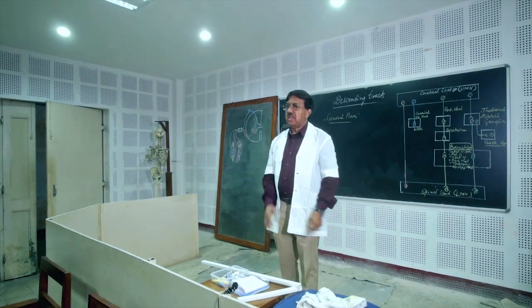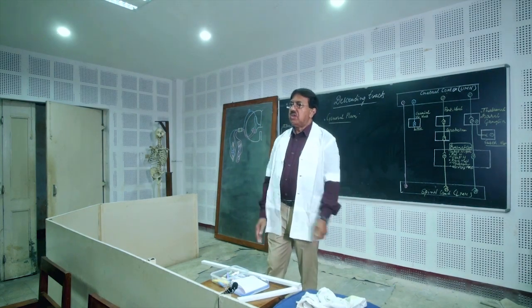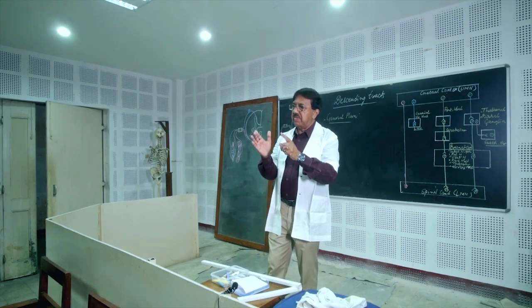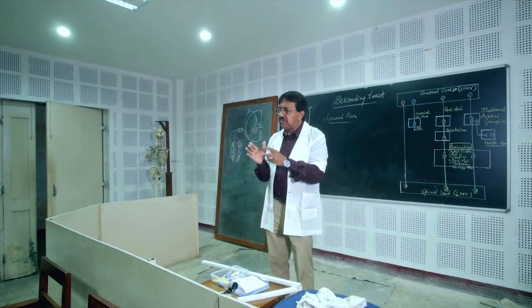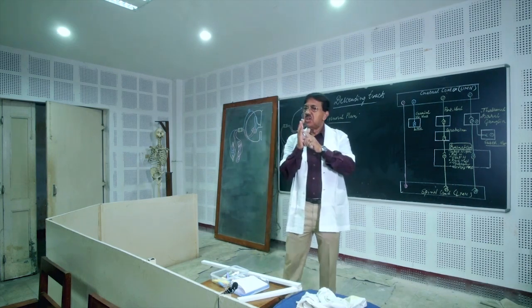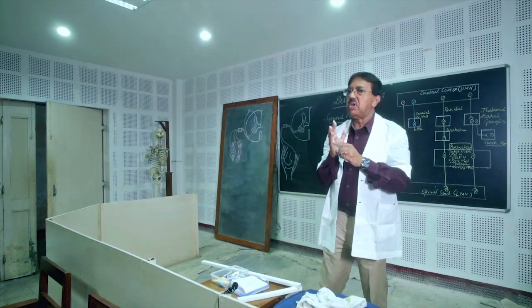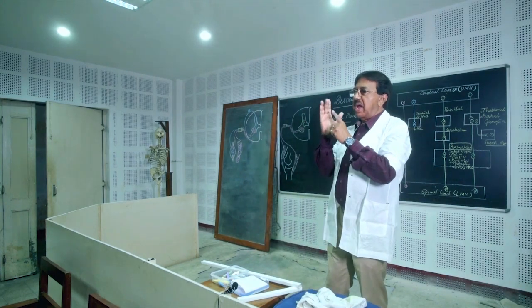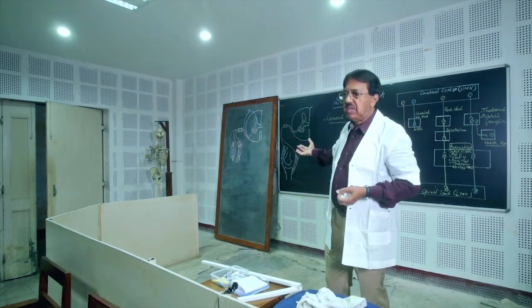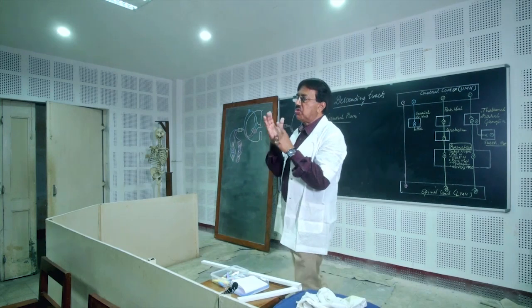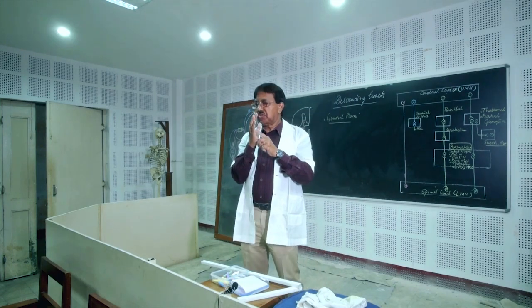The efferent pathway, that is the motor pathway, has a minimum component of at least 2 orders of neurons. It may be more than 2, which will be clarified subsequently during the class. So at least 2 orders of neurons.